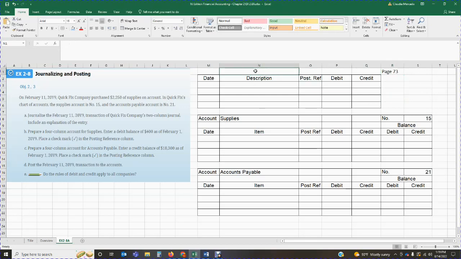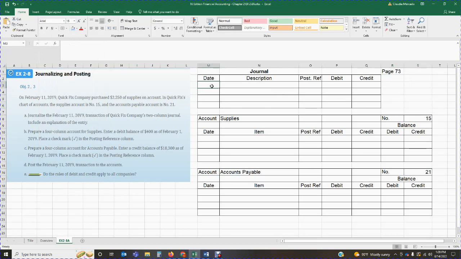This is where we have our journal. Let me just delete this. So this is our journal where we're going to be entering our information, and it's journal page number 73. So we've got our journal here.